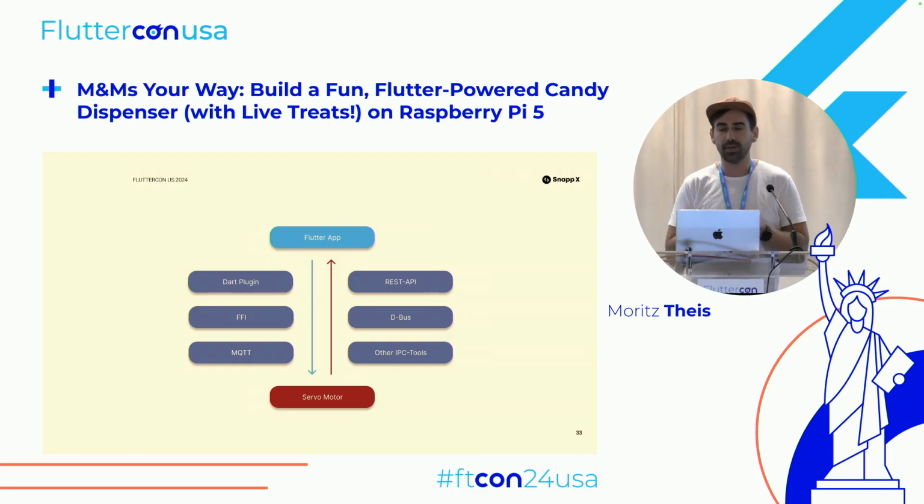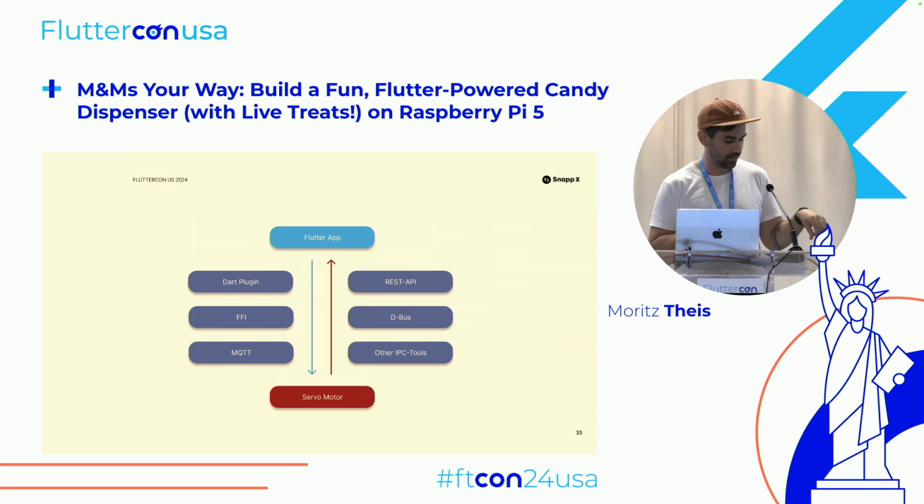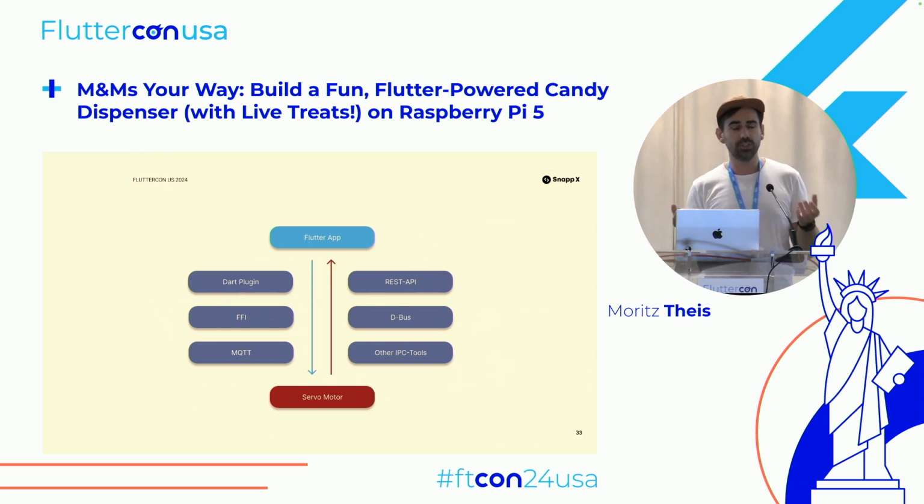First, we could create a Dart plugin, use the data sheet and all the specifications of this PCB, of the servo controller, and write our own implementation of how we connect through the GPIO boards.